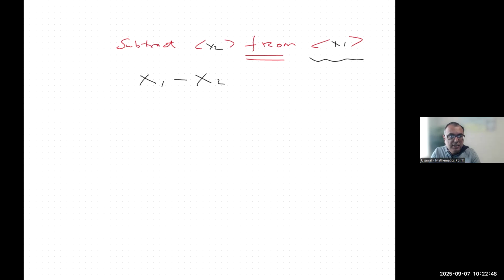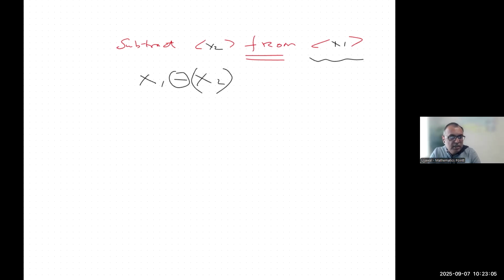And this has to sit in a bracket. If you put a bracket, you will never go wrong. That's the point I'm trying to make here. All good. Now, let's move on.